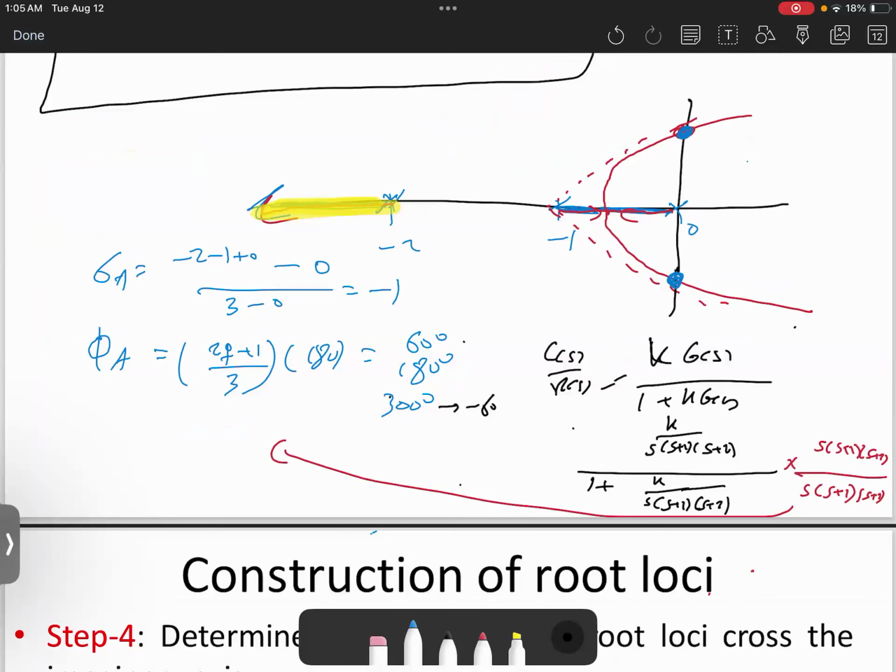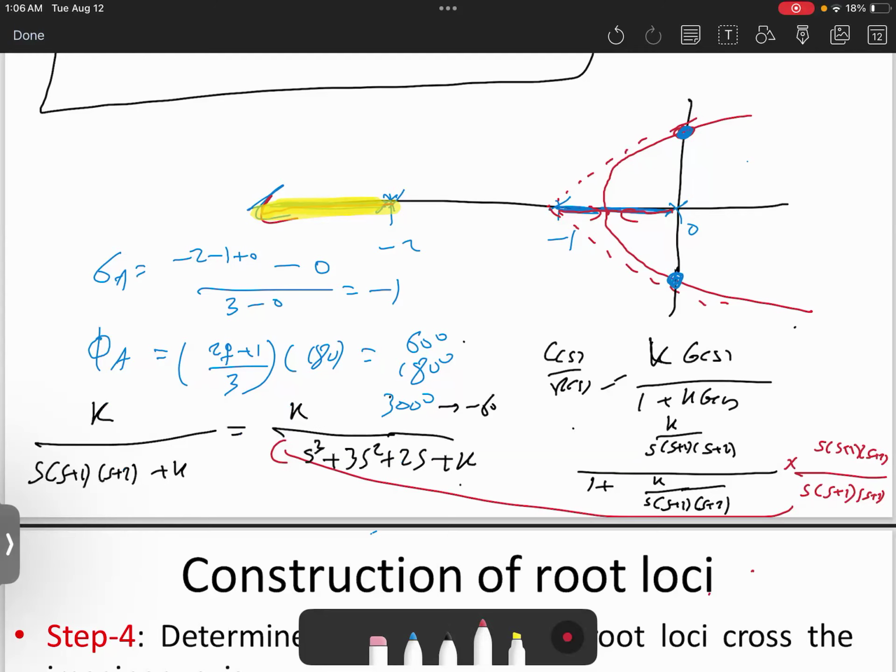Once we do the substitution, it will be k divided by (s plus 1)(s plus 2) plus k. We can simplify it to k over s cubed plus 3s squared plus 2s plus k. So the characteristic equation is the root of this denominator.